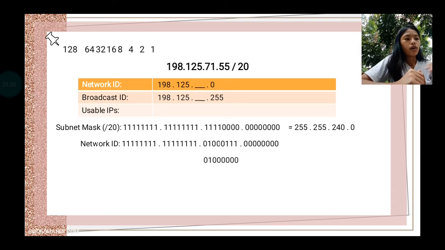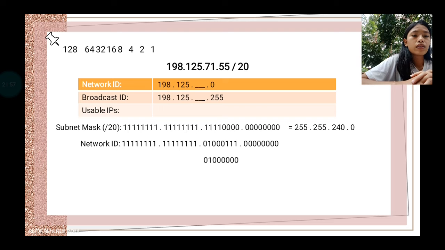Now what we see under network ID is our result when performing the logical AND operation. If we compare the subnet mask 1 and network ID 0 in the third octet, it will turn to 0. If the second bit of our third octet of subnet mask is 1 and in network ID is 1, it would be 1.